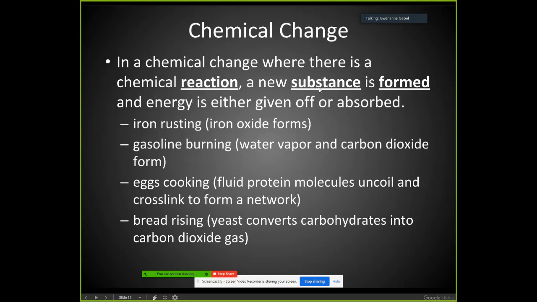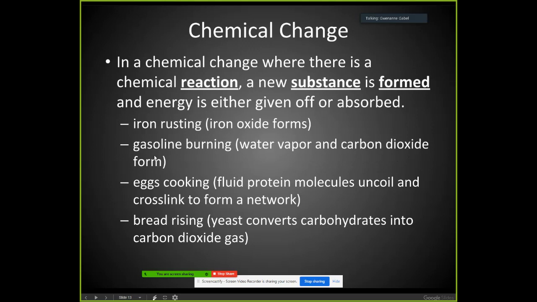You're always going to have a new substance. So when iron rusts, it's iron combining with oxygen to form iron oxide. Which is rust. Okay, we call rust chemically iron oxide. It's a brand new substance. When gas burns, it's going to create water and carbon dioxide.